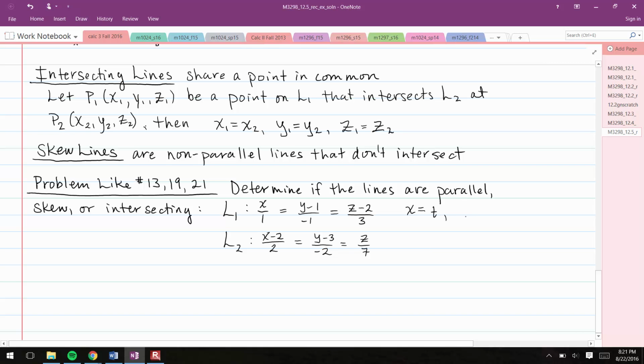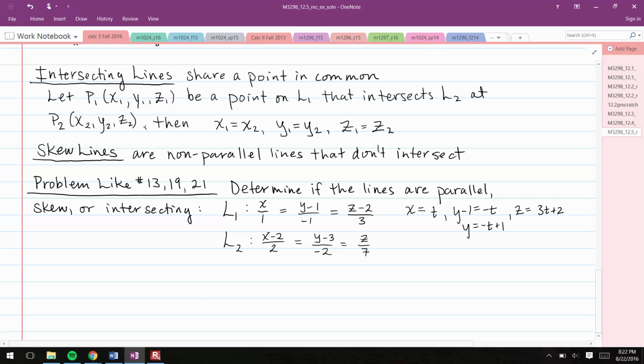Then y minus 1 over negative 1 is equal to t. So y minus 1 equals negative t, and then y is equal to negative t plus 1, and so on. And for z, we're going to get 3t plus 2.